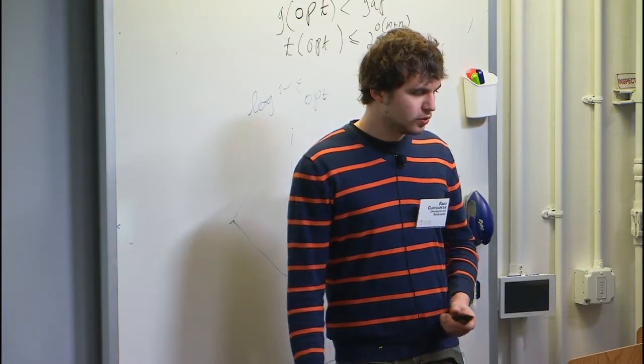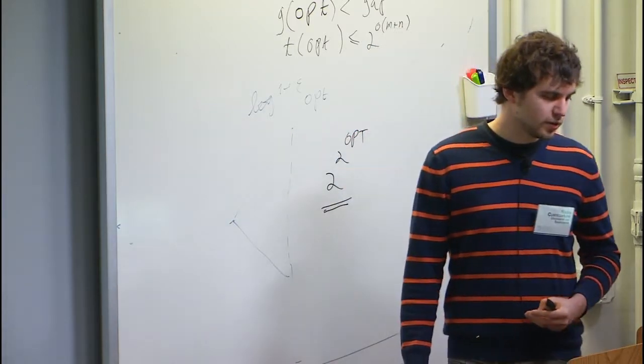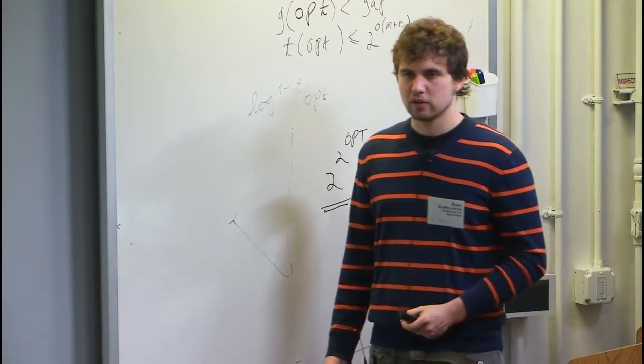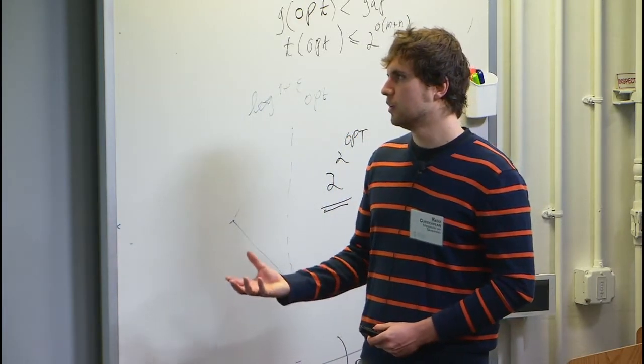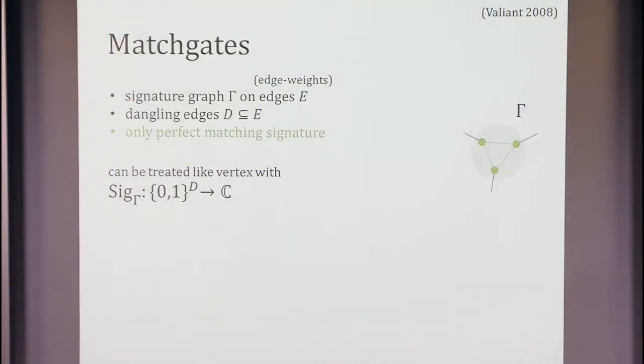And then essentially you can intuitively treat a Matchgate like a single vertex which has a given signature attached to it. So you can, in a formal way, contract this Matchgate gamma to a single vertex, and assign a signature to it which can be computed from gamma, and this signature will look at edge assignments to the dangling edges of that gamma and output some complex number.